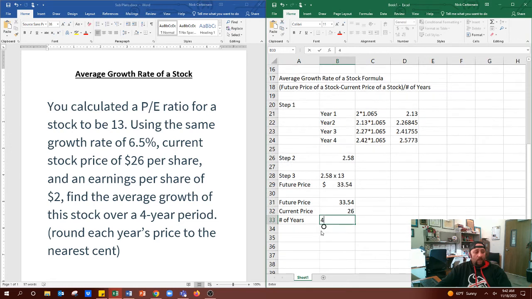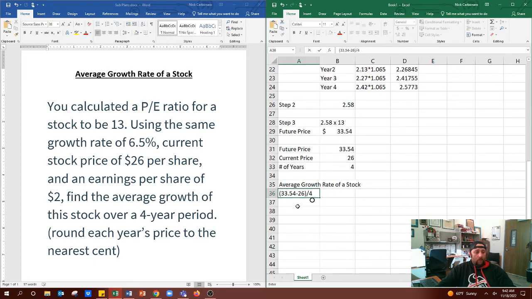So we will take, let's do it right here for us, average growth rate of a stock, and we will go $33.54 minus $26 divided by 4.